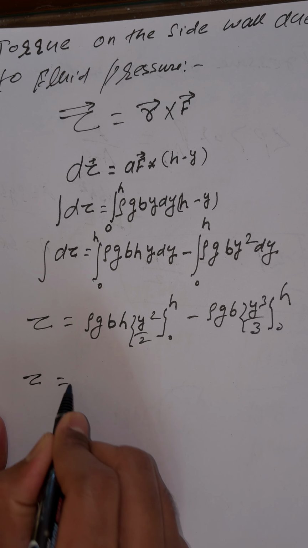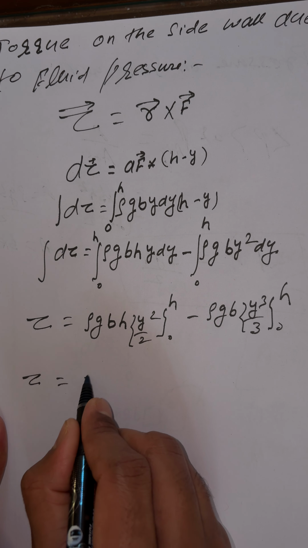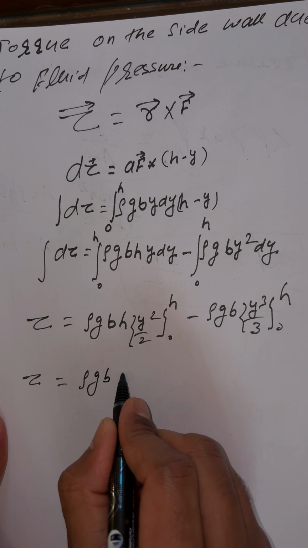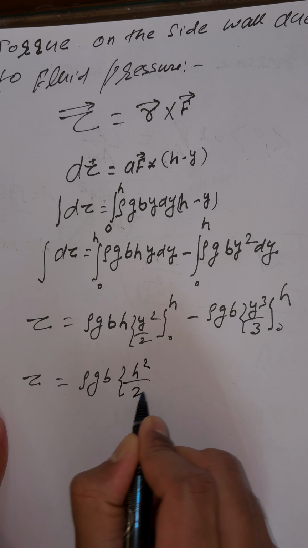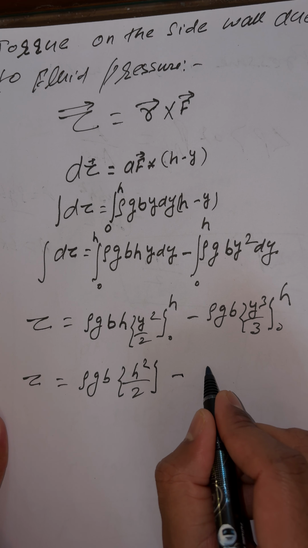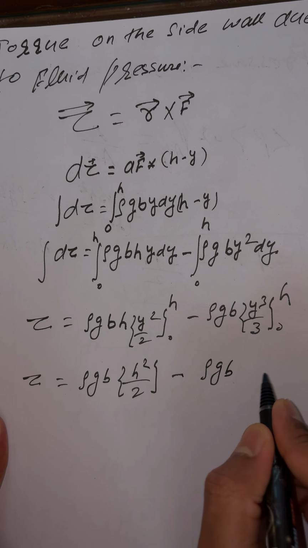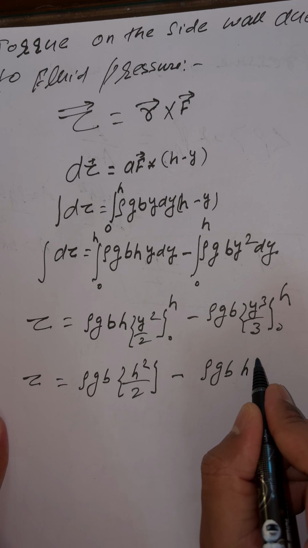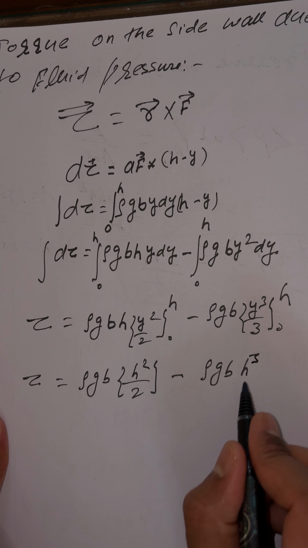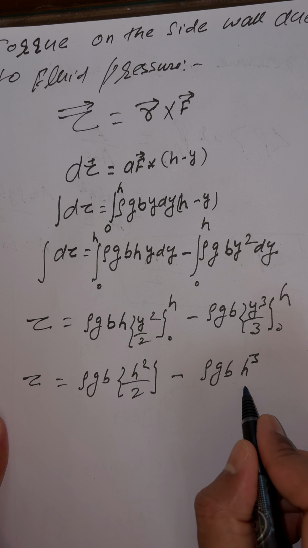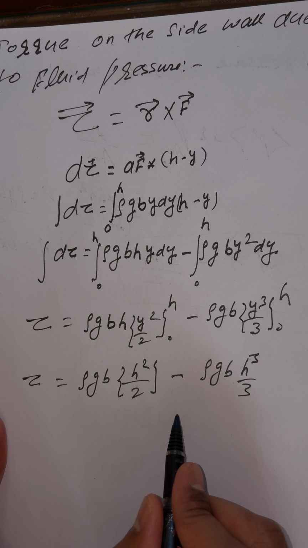Now students, further you can calculate: rho g b h squared by 2 minus rho g b, this is h cubed by 3.